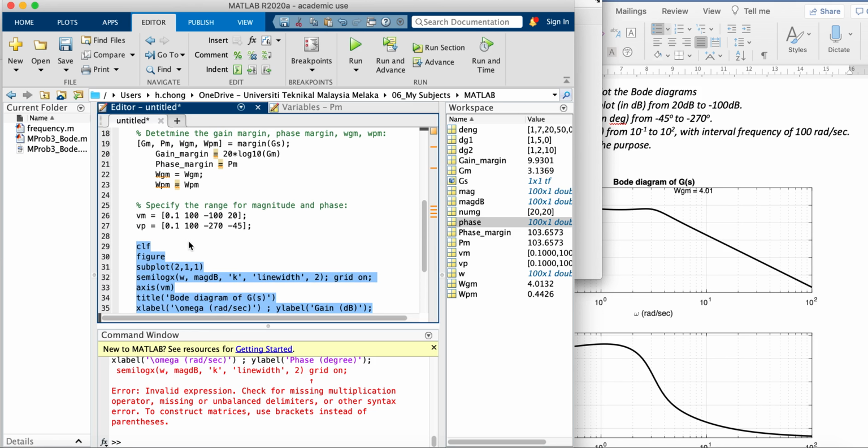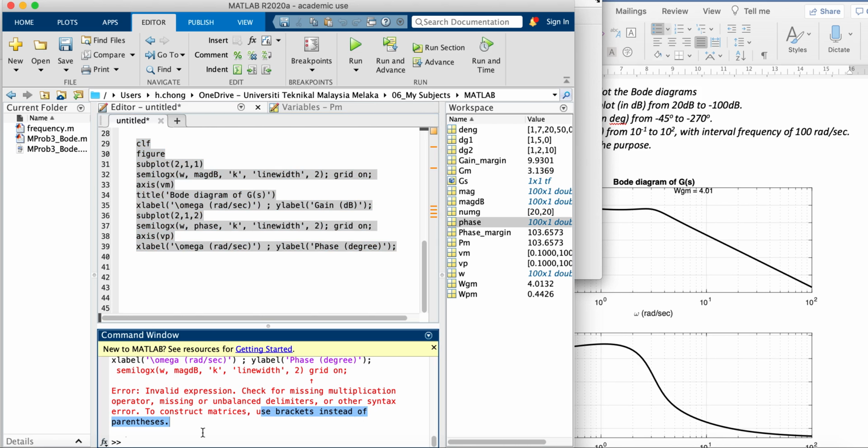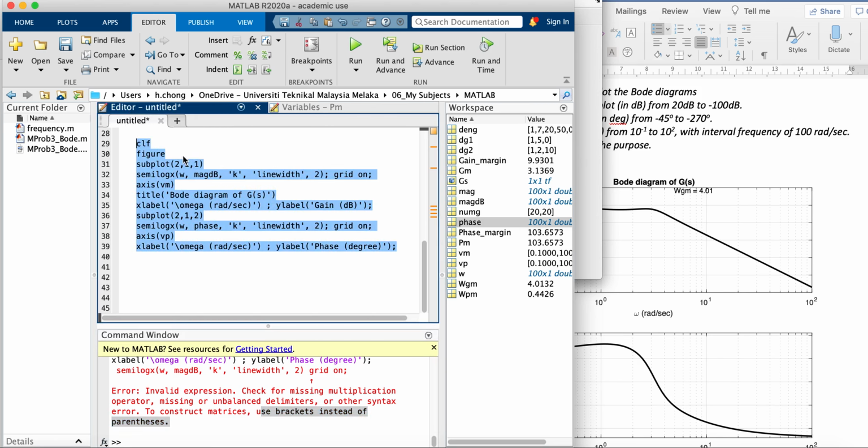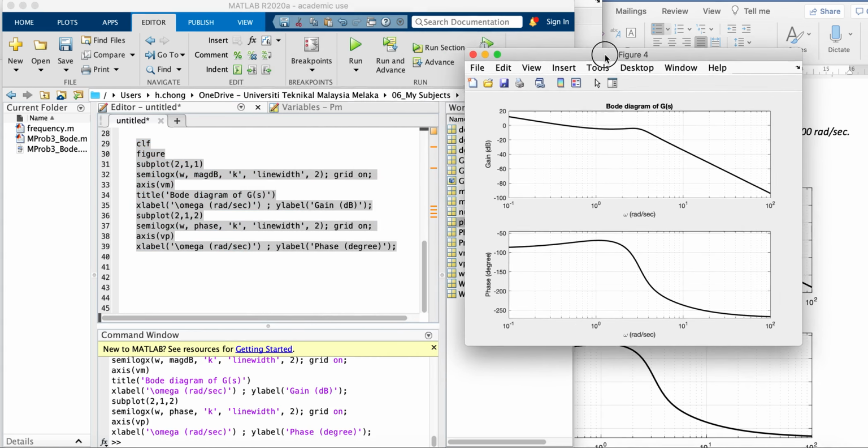Let's try again. Don't worry when a red line pops up in your command window. You just read it through, and it says to use brackets instead of parentheses. It will teach you how to solve the problem. Let's run this. Now the figure is here.